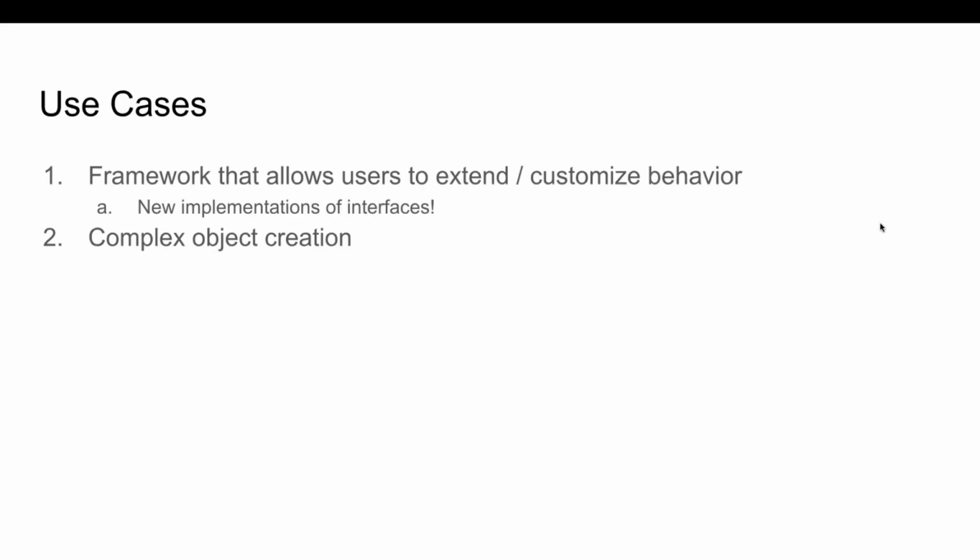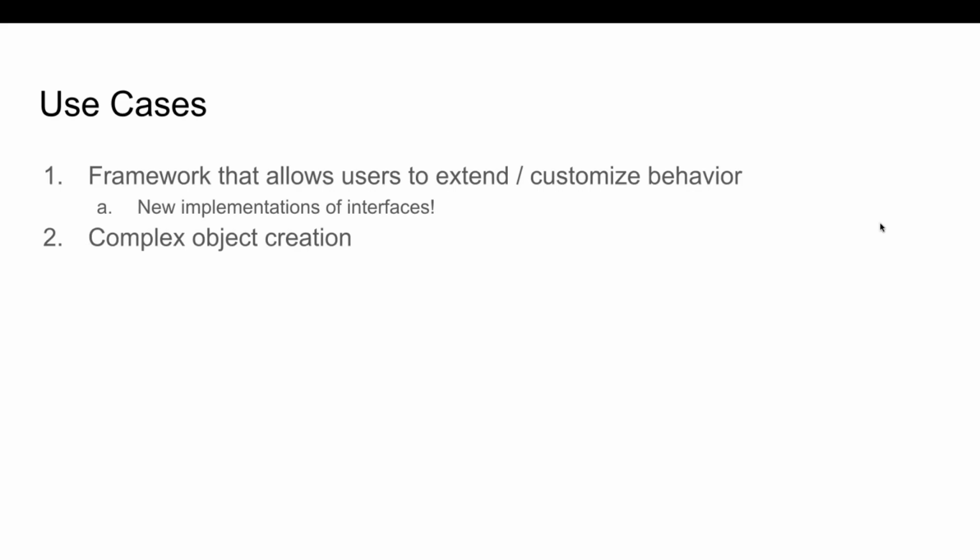I want to finish by rehashing the use cases of the factory design pattern. Number one is frameworks and libraries. When creating a framework that should allow users to extend and customize behavior by providing new implementations of interfaces. And number two is complex object creation. We go back to the idea of an expressive constructor.